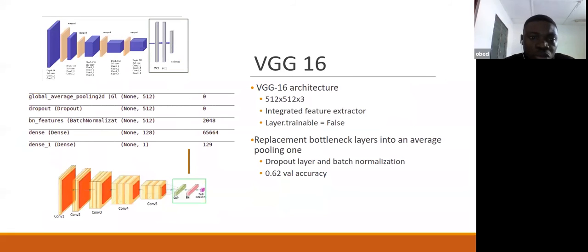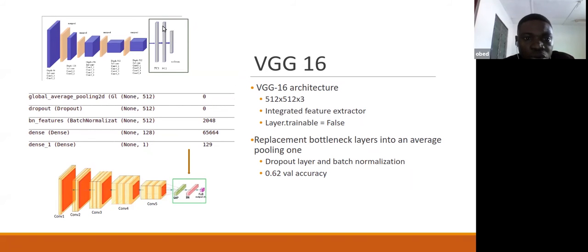So I moved on to explore some transfer learning. I looked at the VGG16 architecture and used this as an integrated feature extractor. So what I did was I just built a new model. This is the architecture of the new model I built. I just fitted that at the output of the VGG 16, right?